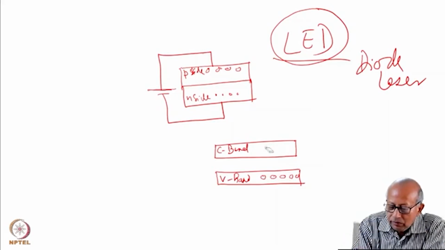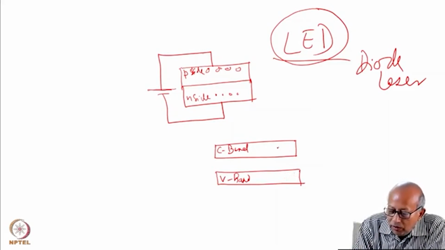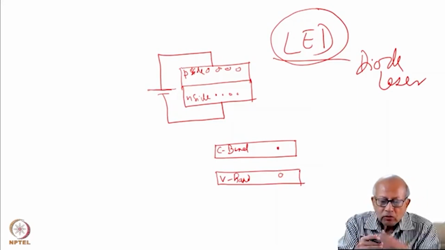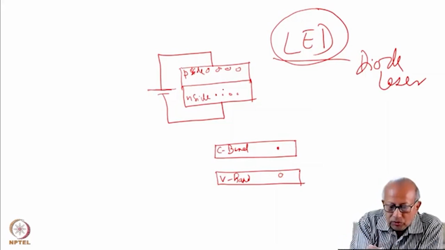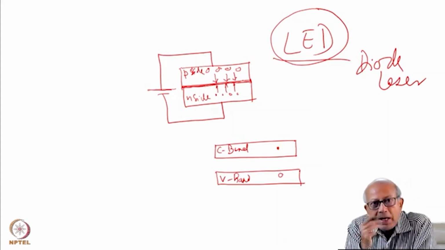Let us, for simplicity, consider first just one electron in the conduction band, one hole in the valence band. So as they diffuse into this region, holes are diffusing from the P side into this junction, and electrons from the N side, they meet in this depleted region of the junction and annihilate.